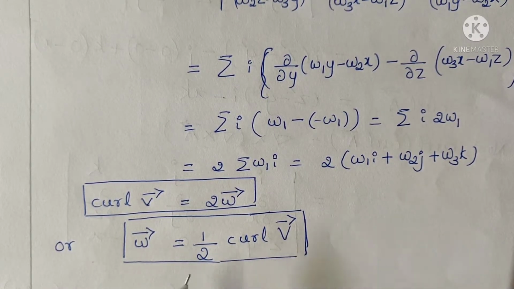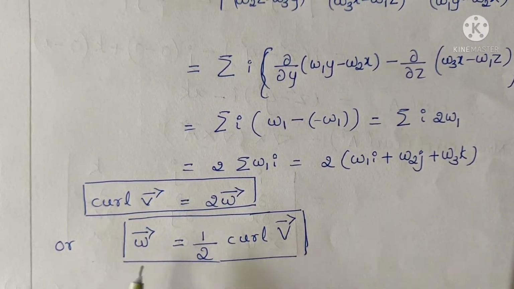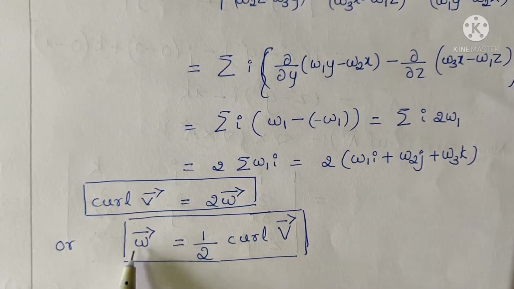This equation gives the meaning of that statement. That is, when a rigid body is in motion, the angular velocity is equal to half of the curl of its linear velocity at any point.